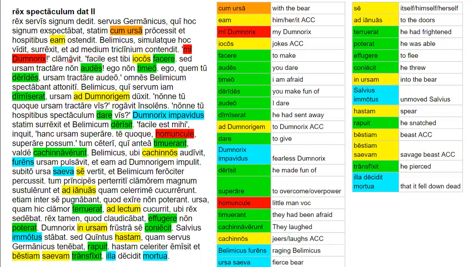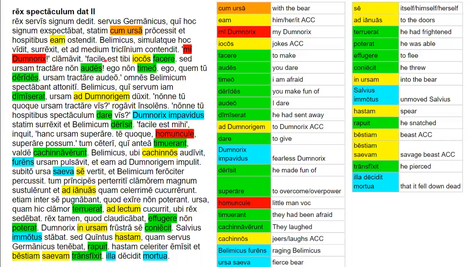Mi Dumnorix, clamavit, facile est tibi iocos facere, sed ursam tractare non audes. Mi Dumnorix, this is vocative right here. He shouted, perfect tense verb. It is easy for you to make jokes, but you do not dare to handle a bear.